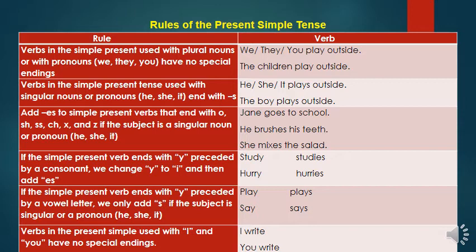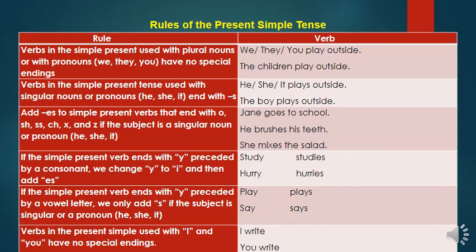Okay, so this is the first rule. Verbs that are in the simple present, when they are used with plural nouns or pronouns such as we, they, you, the children, the teachers, the bus drivers, when the noun or pronoun is plural, the verb doesn't end with s. It means it has no special ending.